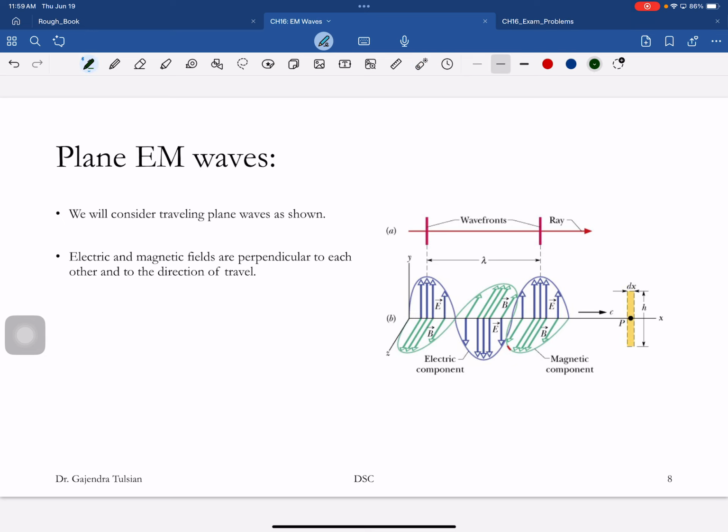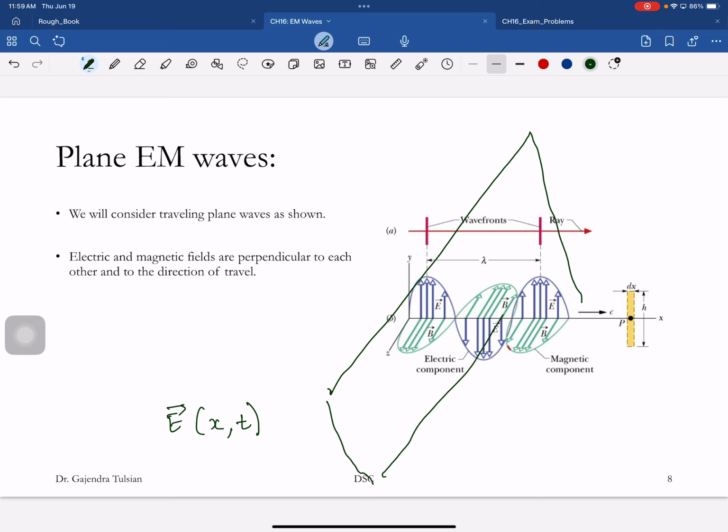So when we consider that simple kind of field, on a plane that's parallel to the YZ plane, the electric field is the same everywhere. So that's what this means. So here is a wall of constant electric field.